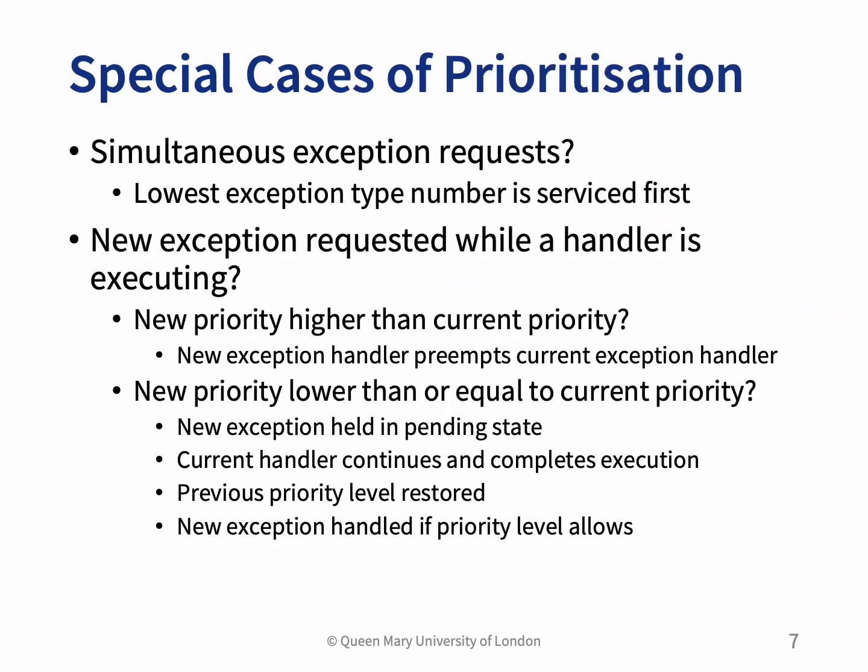To deal with the special cases of prioritization, let's look at some possible scenarios below. The first one, what happens when there is a simultaneous exception request? Of course, remember, the lowest exception type number will be serviced first. You can refer back to slide 17 of the vector table.